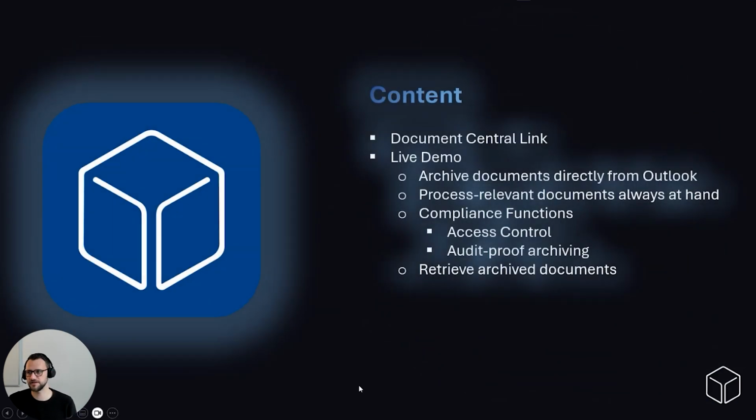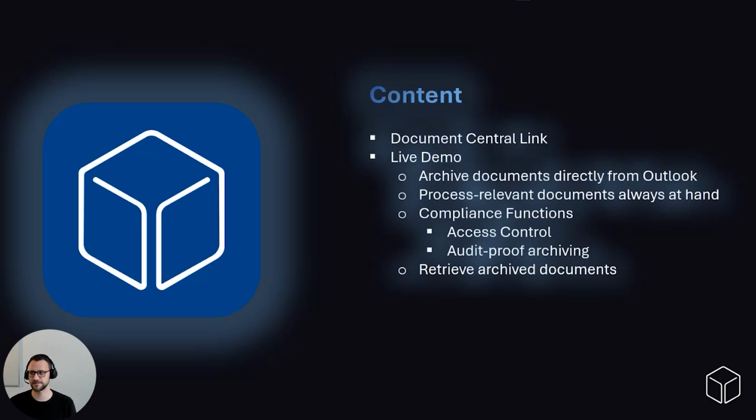A short look at the agenda. I will briefly talk about Document Central Link and the surrounding information on this new Outlook add-in. Then we will dive right into a live system where we will see how you can archive documents directly from the Outlook interface, and how you have all your process-relevant documents always at hand.